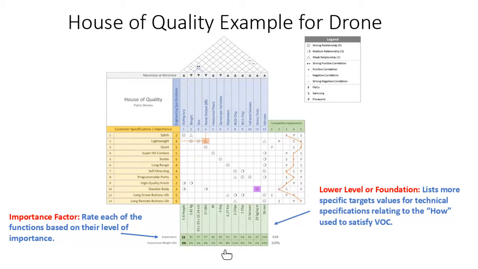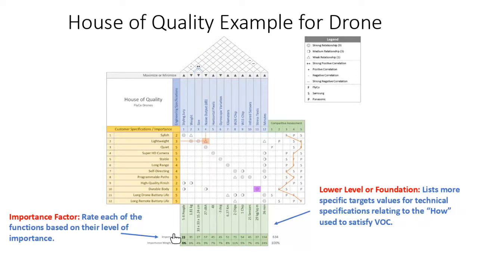They can identify which technical specification they need to focus on, because both of these already consider the voice of the customer or the customer requirements, so they can translate it to critical to quality or design features after they prioritize.